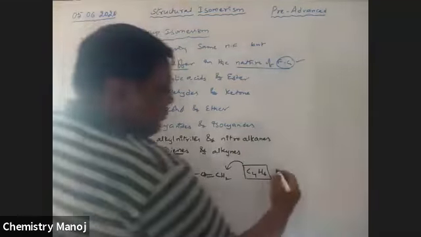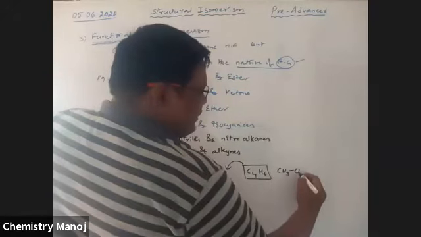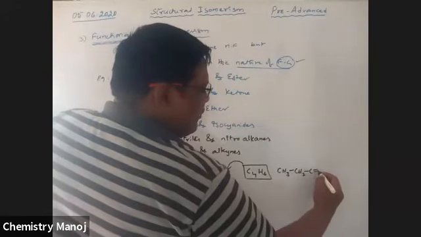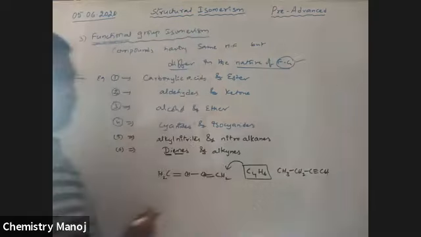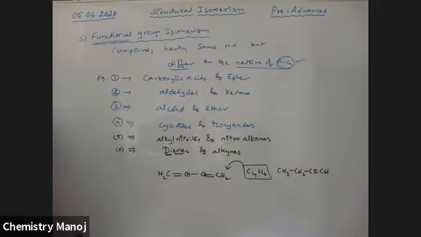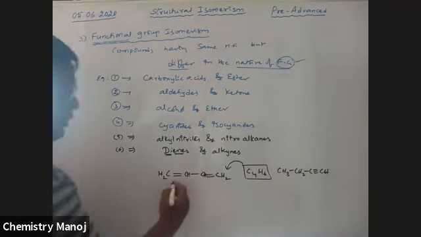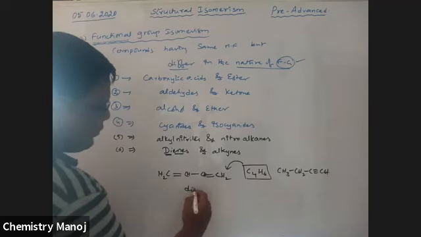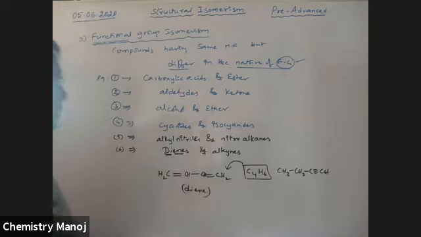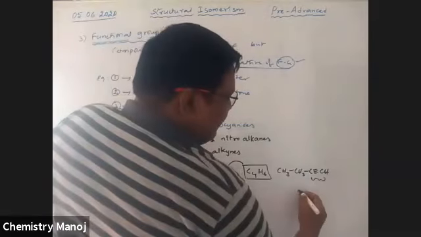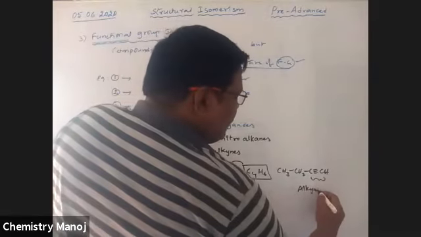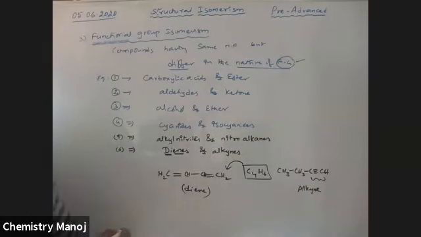Now I am writing CH3-CH2-C≡CH. So once again check, it is double bond, double bond, an example for diene. This one is an alkyne, a triple bonded compound.